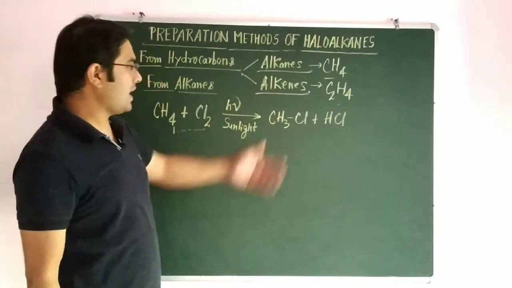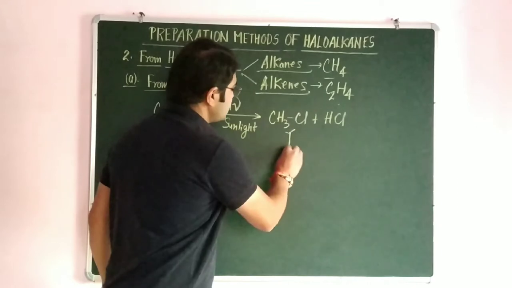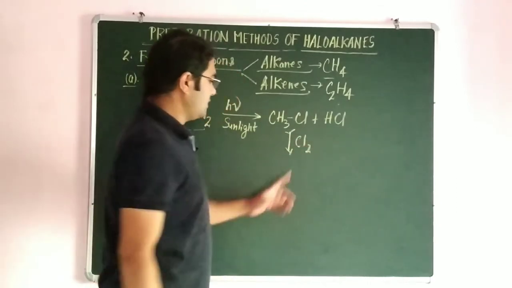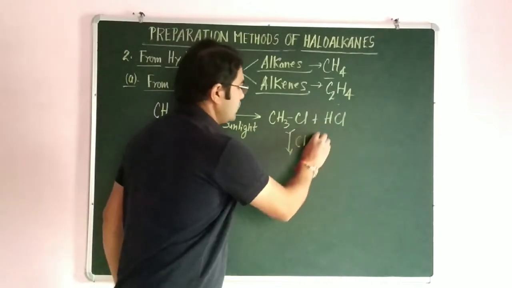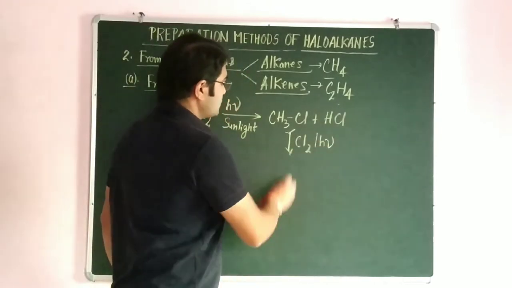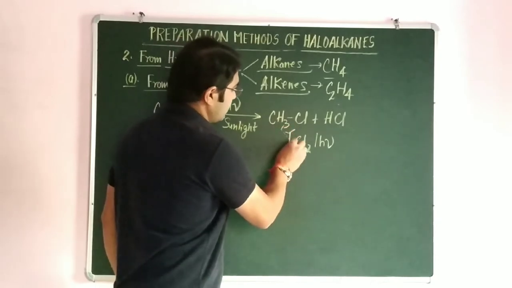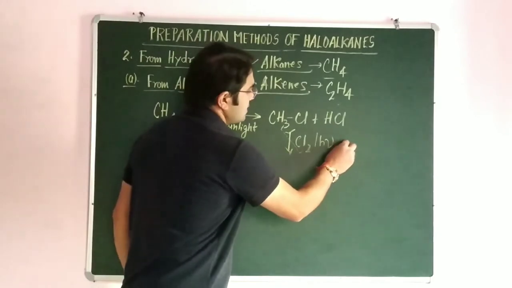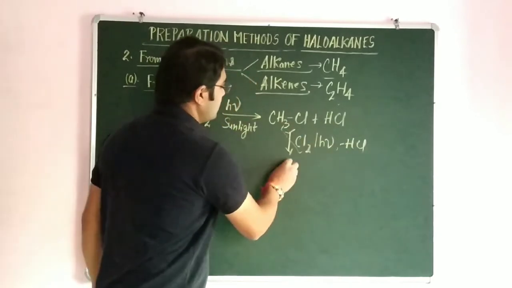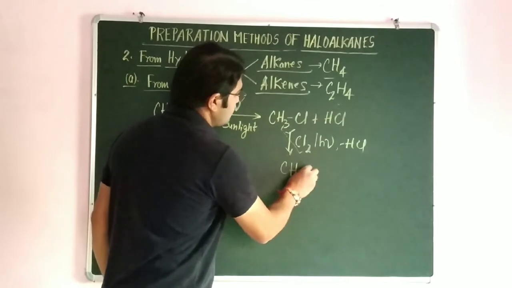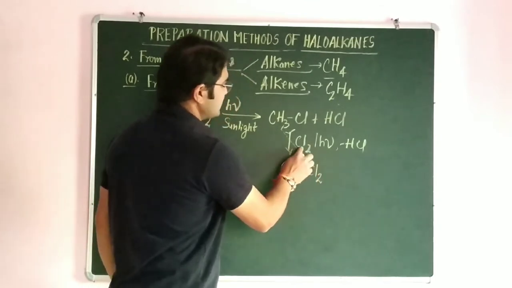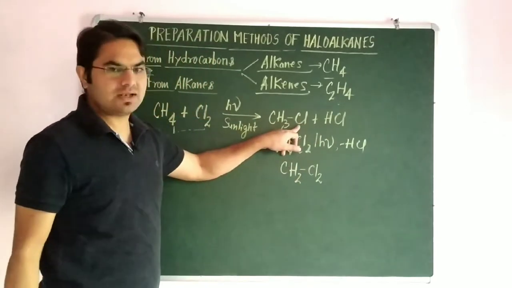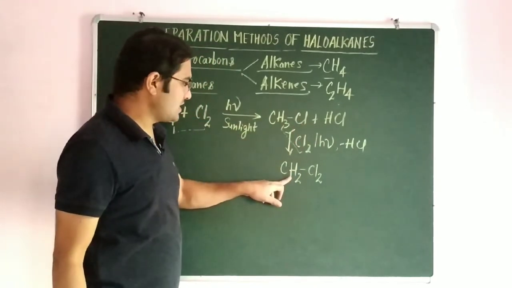That's why further halogenation will take place, again reacting with halogen in the presence of the same sunlight. It replaces one hydrogen again, minus HCl, and the product formed is CH2Cl2, because one Cl is left here and one Cl is added in this portion.